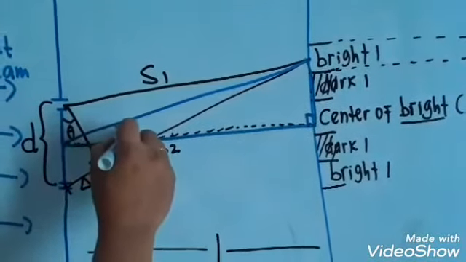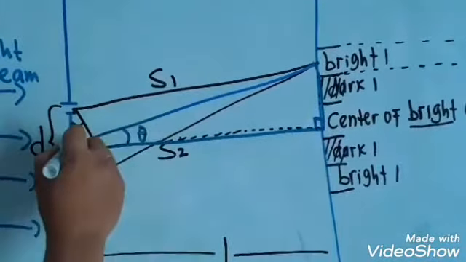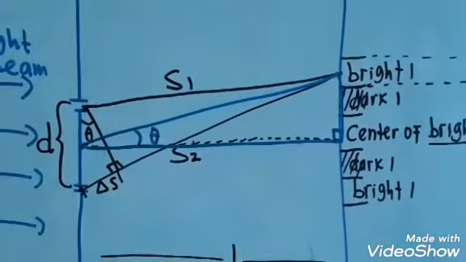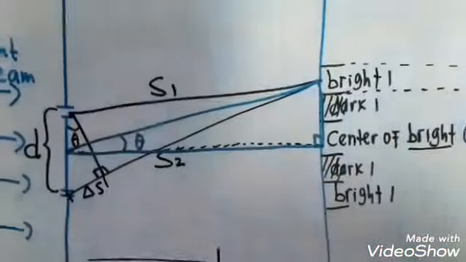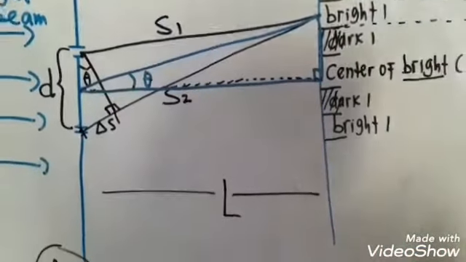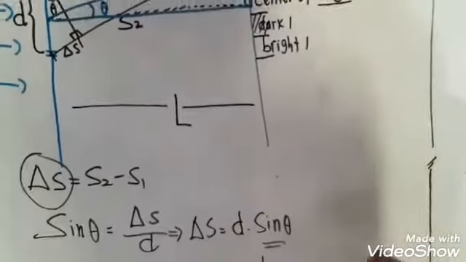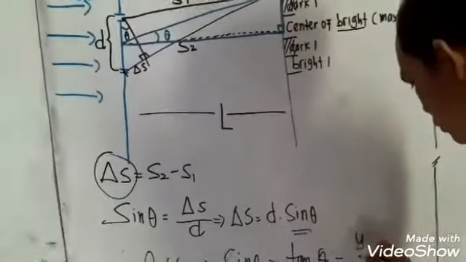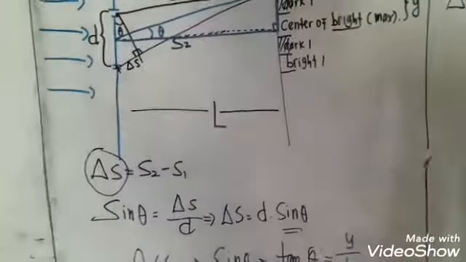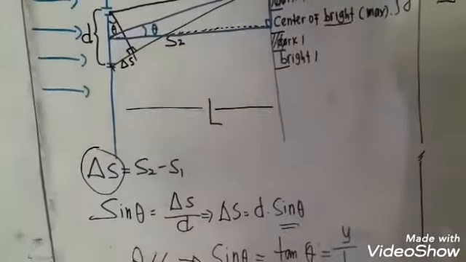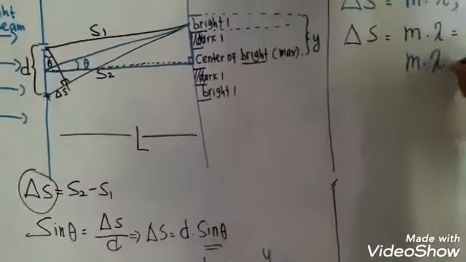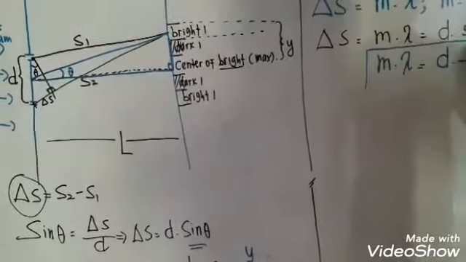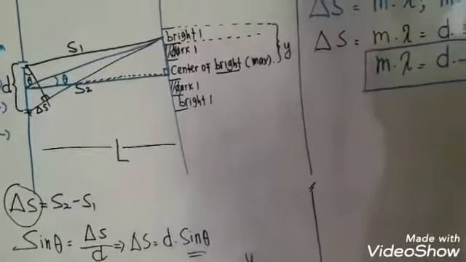We can see that theta, or the angle in here, will be the same as the angle in here, so that we can conclude that tangent theta is also equal to y over L. Okay, so we can see that m times lambda is also equal to d times y over L. These are the equations for the bright pattern.